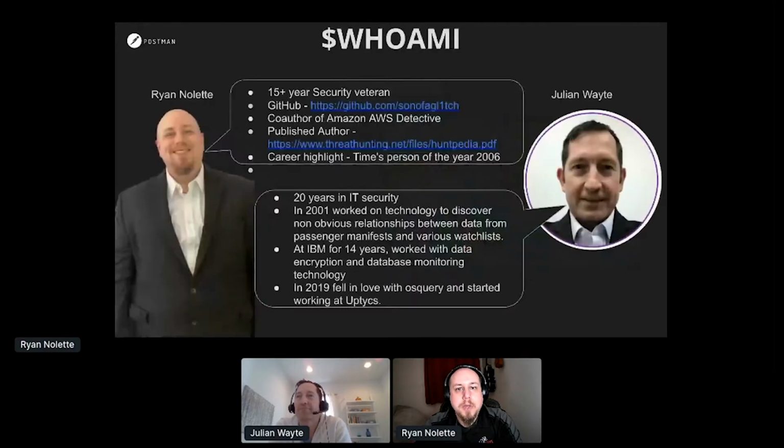All right, awesome. So my name's Ryan, at least that's what my mom tells me, and I've been working in security for about 15 years. I'm the co-author of AWS Detective, as well as a published author on threat hunting and incident response. And this is my colleague Julian, and I'll let him introduce himself in his own words. Hi, everyone. I've got about 5 years on Ryan and started working in Las Vegas in CRM and then moved to technology for security.